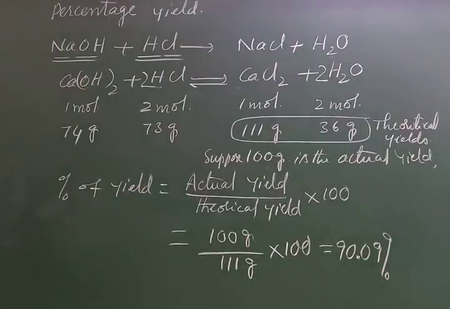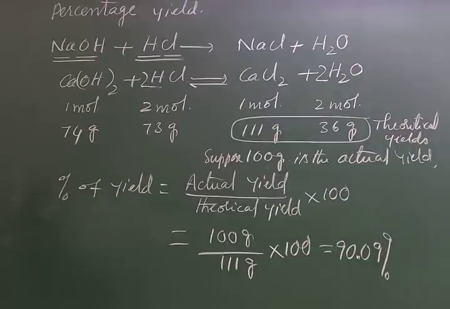Why is the actual yield less than the theoretical yield? Due to the reversibility of the reaction, or due to conditions which are not favorable for the 100% completion of the reaction, the reaction may proceed to a certain extent only in most of the industries.